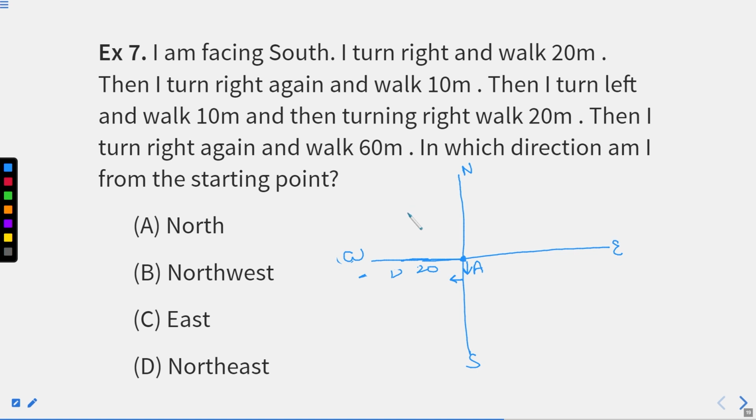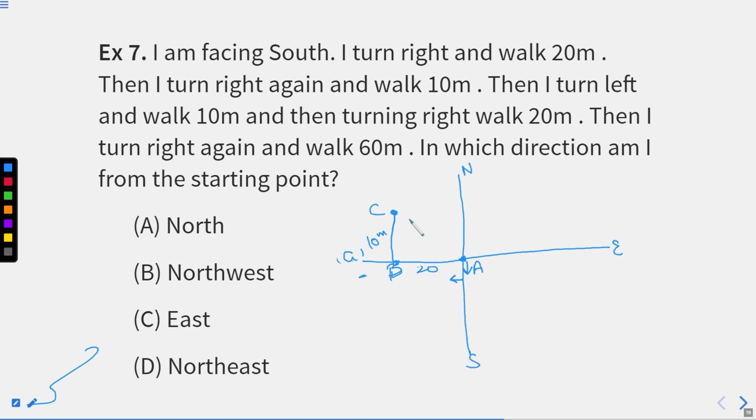Now, he is here at point B. So from point B, if he takes a right turn, he will start moving in this direction, where he'll walk 10 meters. So this point we called C. This point is B, right?